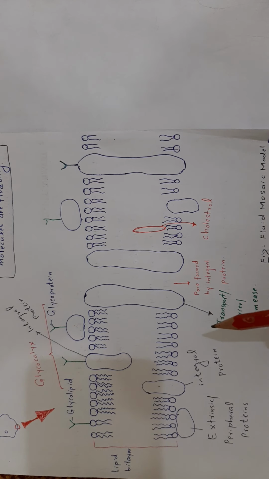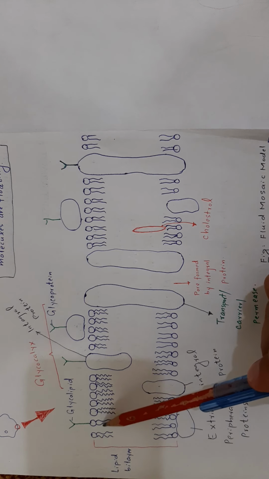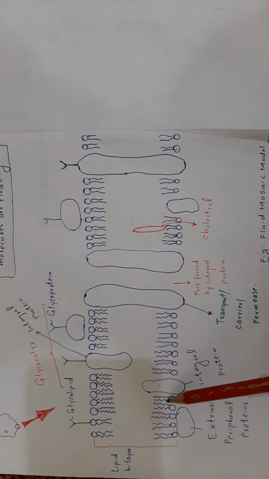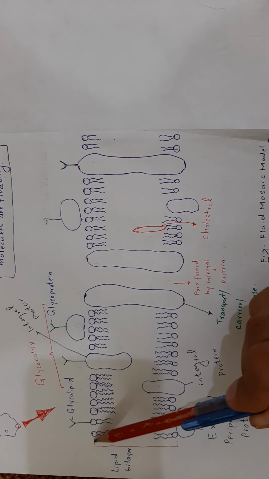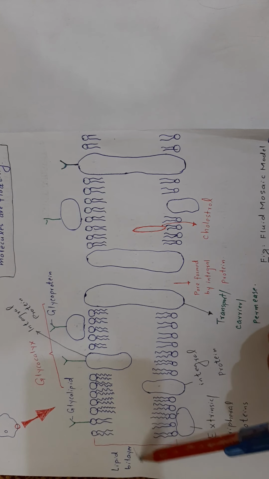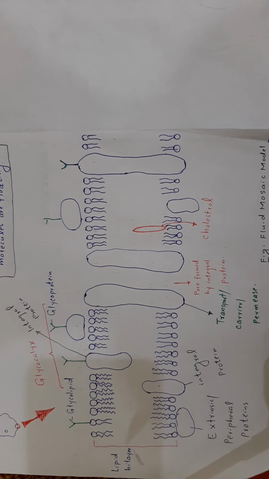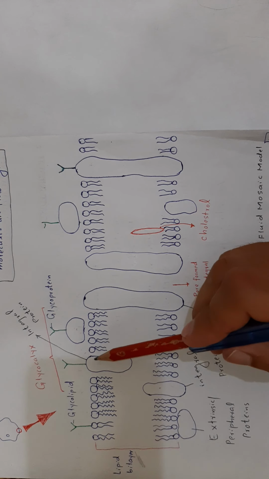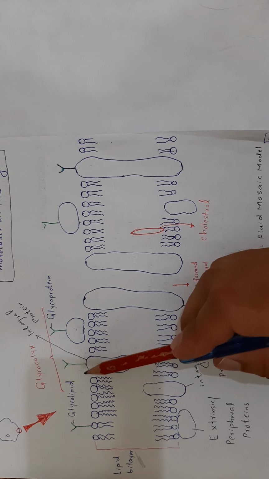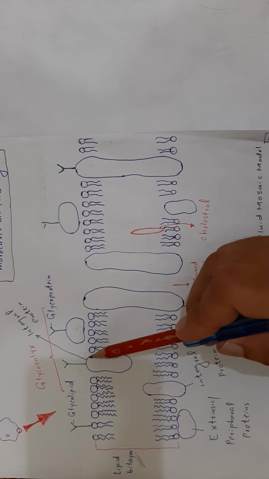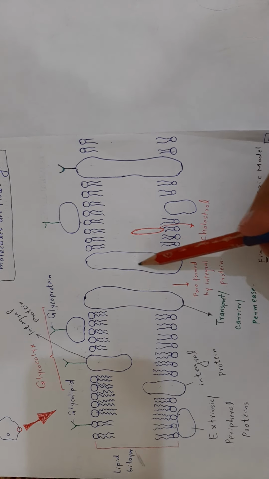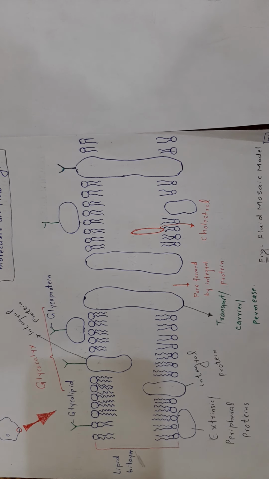Now, if you look into this diagram, this is one phospholipid layer, this is another phospholipid layer, making a lipid bilayer. While these protein molecules do not form continuous layers, rather they are partially or wholly embedded in the lipid bilayer.